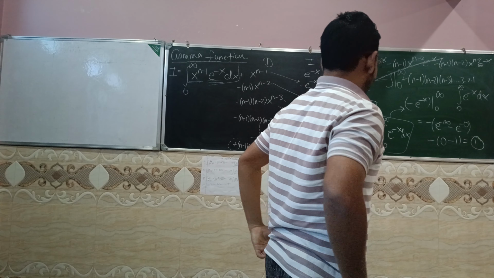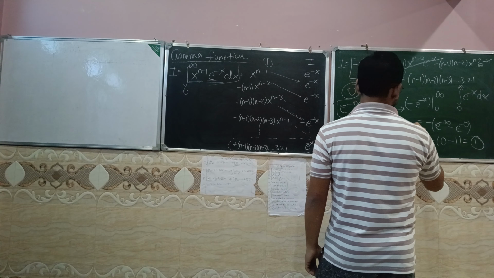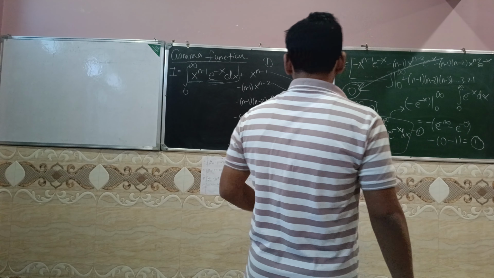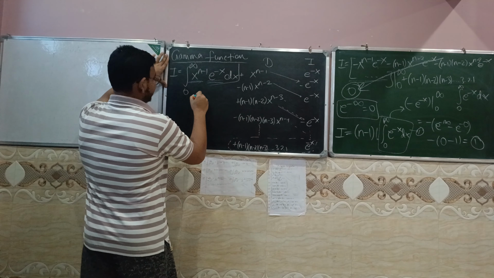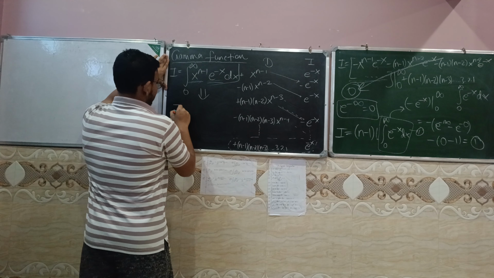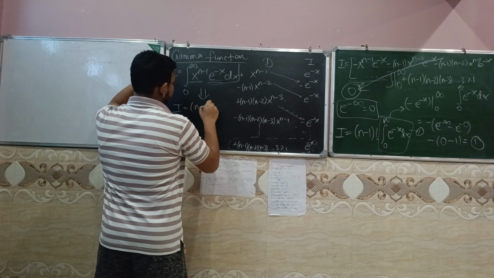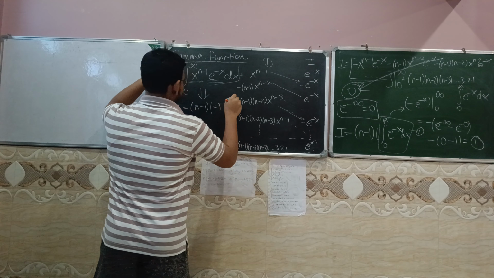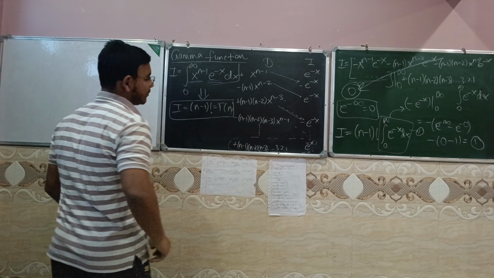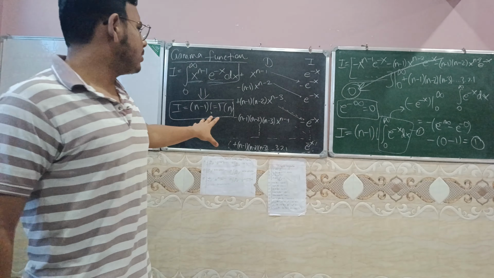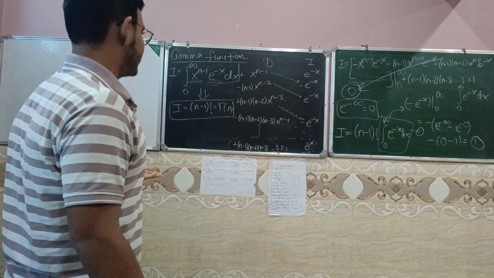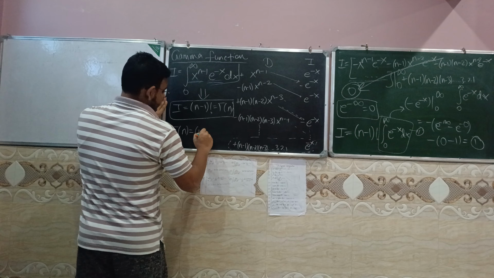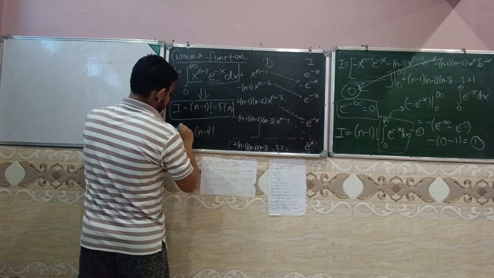So this whole integral collapses to 1 only, and we are finally left with I as n minus 1 factorial, and this is what gamma of n is all about. This is a basic representation of the gamma function. So please remember that gamma of n is n minus 1 factorial.